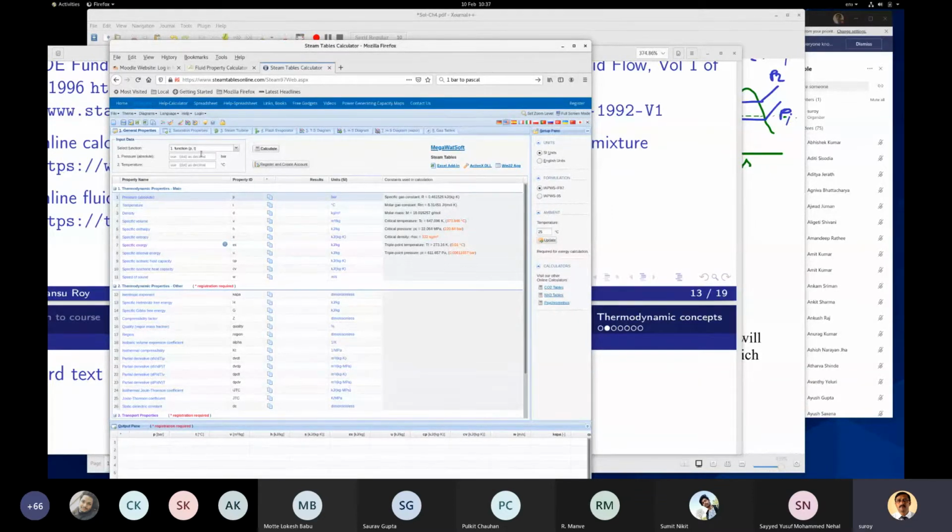Selected functions: pressure and temperature given. So this may be a better one.